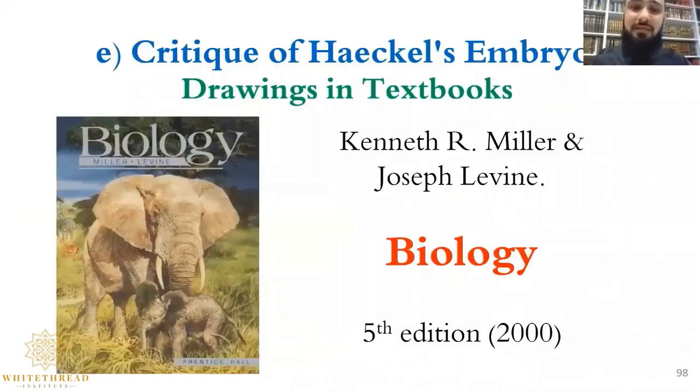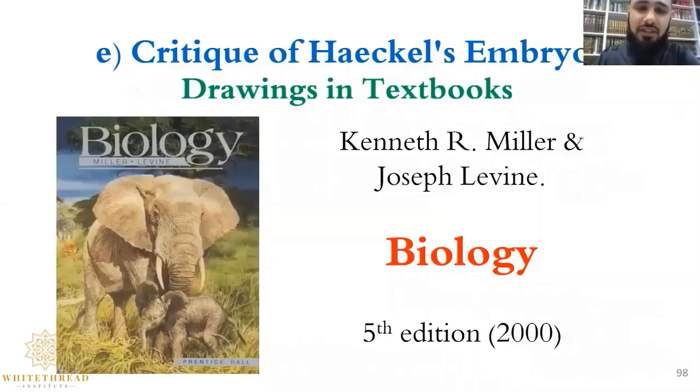Here's another book by Kenneth Miller. Miller is actually a Christian. He's a theistic evolutionist, so he's critical of intelligent design proponents. And he defends Darwinian evolution wholly, entirely, that it's correct, it's the way God has intervened in nature. So he's quite well known for his criticisms against the intelligent design movement.